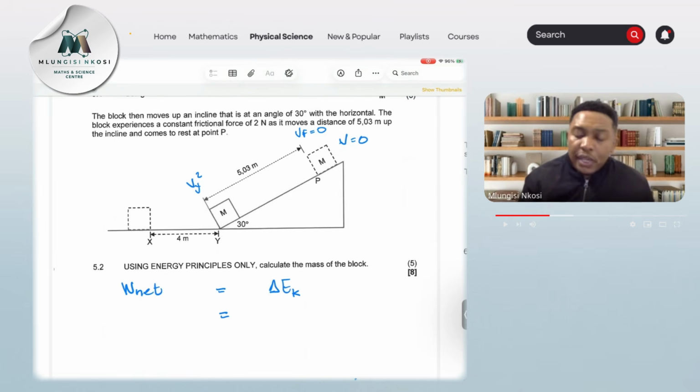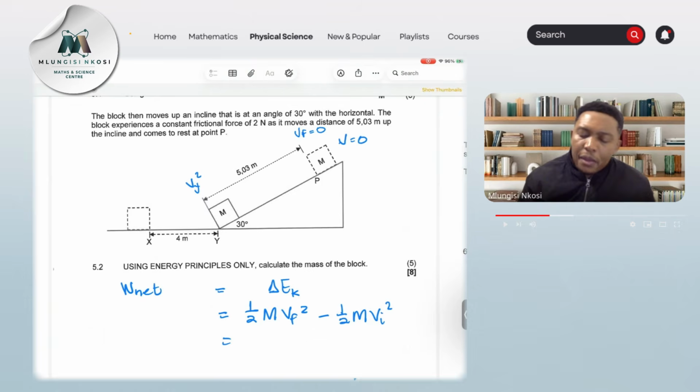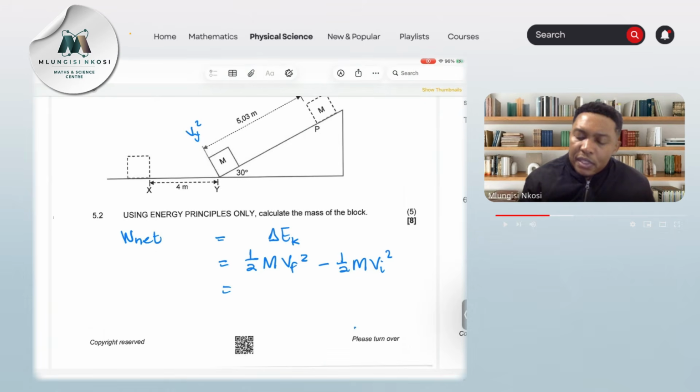So let me start on the right-hand side. So this is going to be a half m Vf squared minus a half m Vi squared. But what do I know? My velocity is 0, so it makes this entire thing 0.